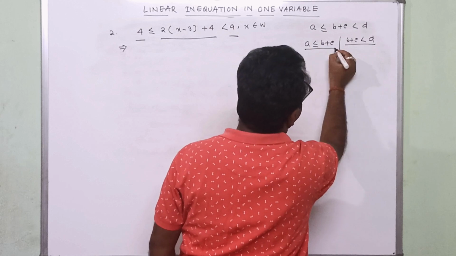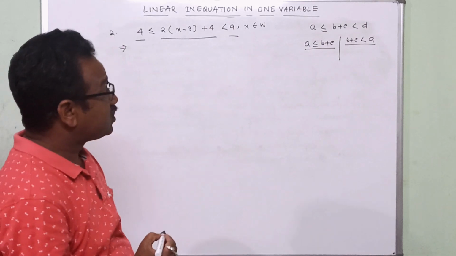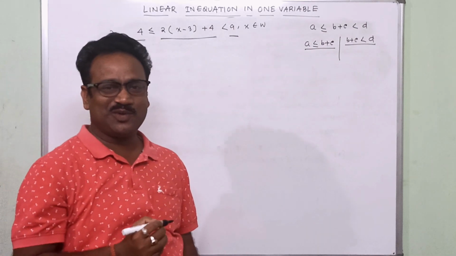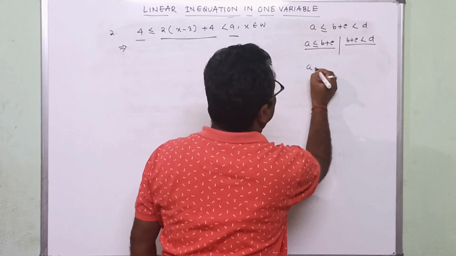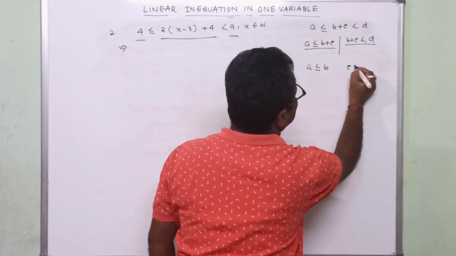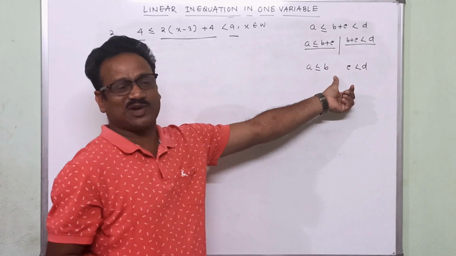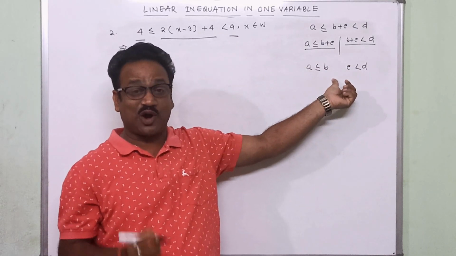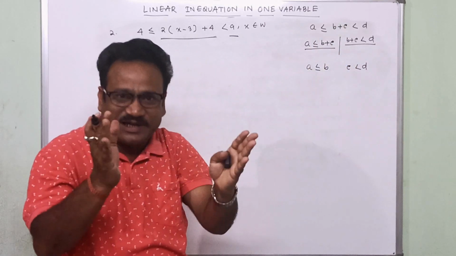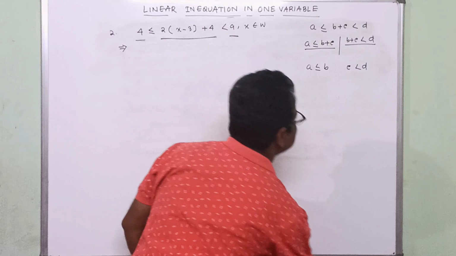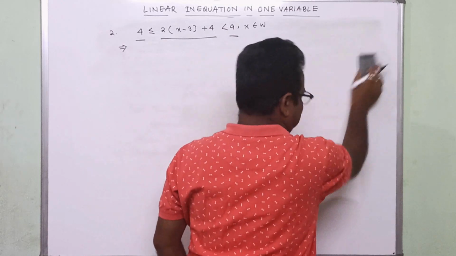But some students make mistakes here. They do it like this: A less than or equal to B and C less than D, which is totally wrong. Do not do it like this, because this middle one is one term. You cannot split it.